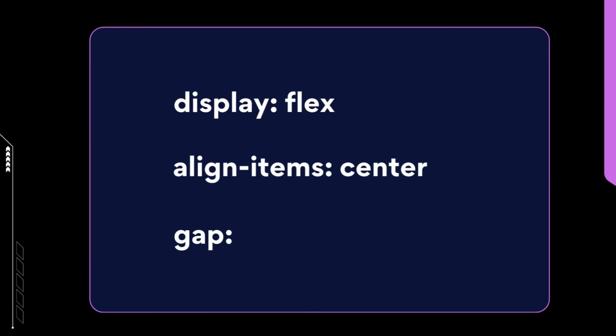I'm using Display Flex again because I have two items, the menu button and logo, that I want to sit next to each other. Align items center keeps them vertically centered, and gap 20 pixels puts 20 pixels of space between them. Gap is newer than using margins, and it's much cleaner.